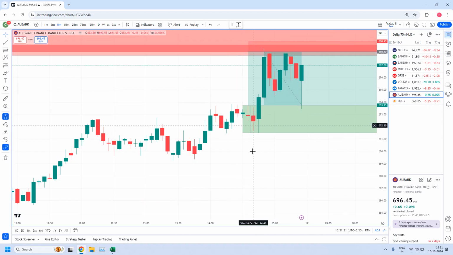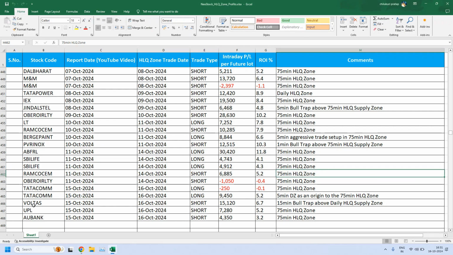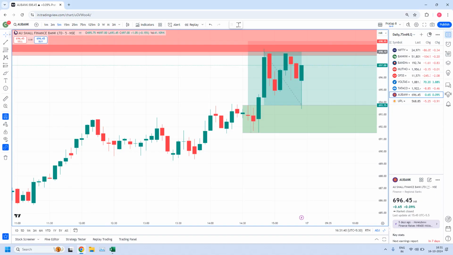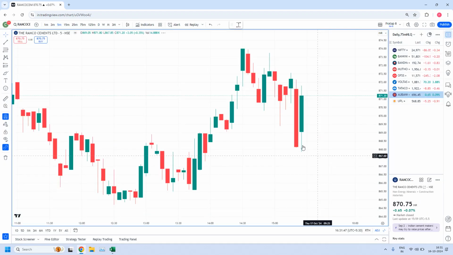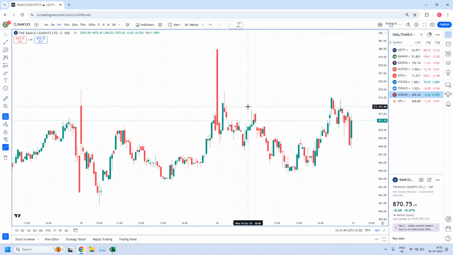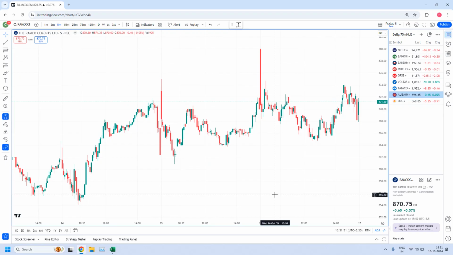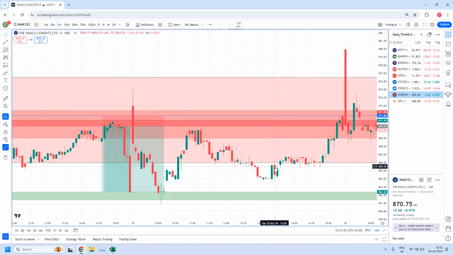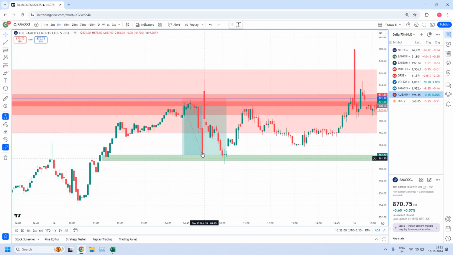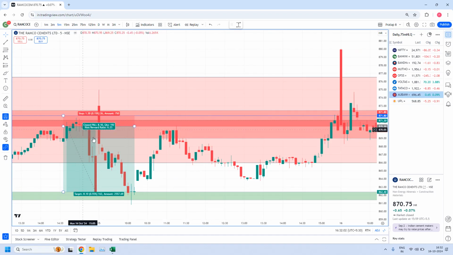Exactly the same way we saw the trade on, which one? Ramco Cement. That is on Friday, I think. Let me open Ramco Cement. So this is on Friday.